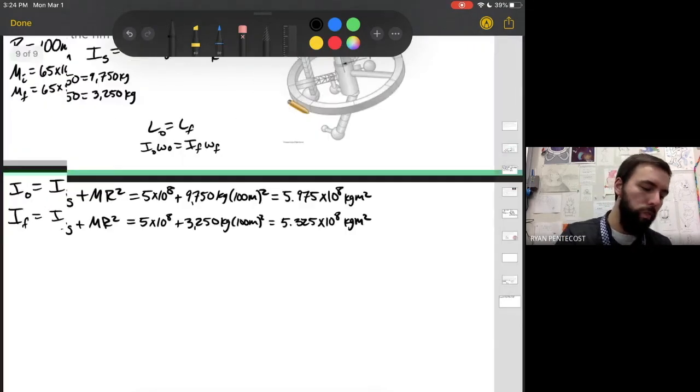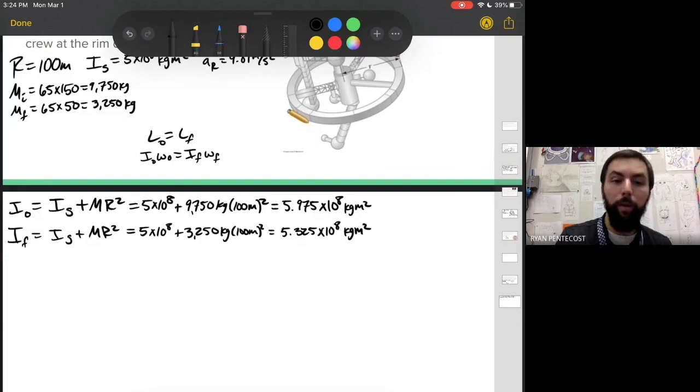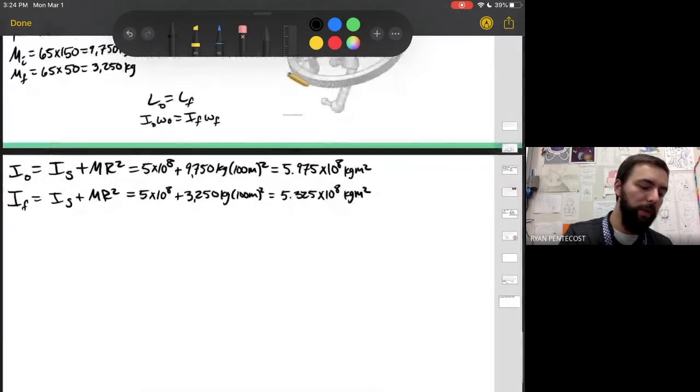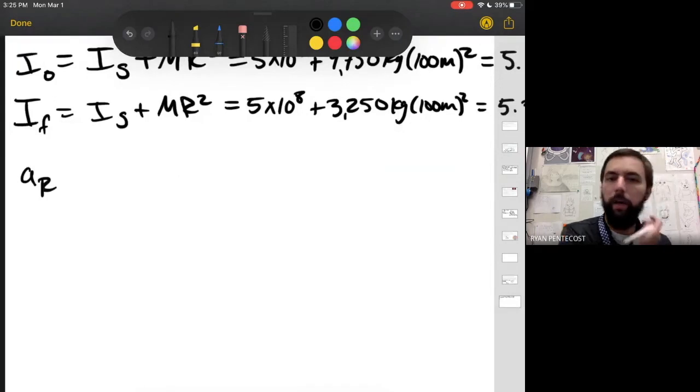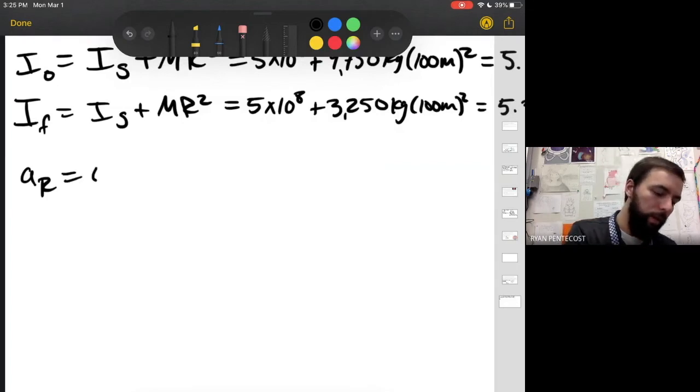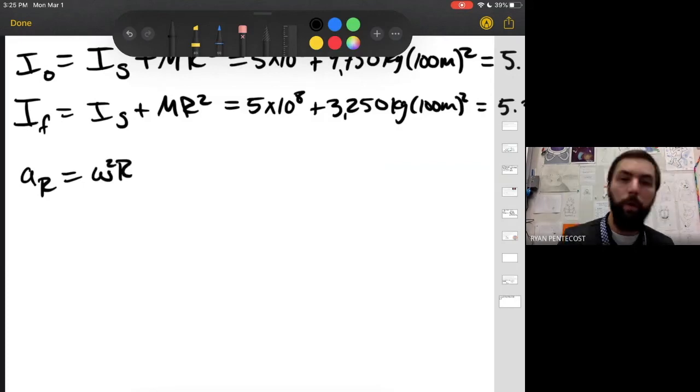Now we need our omega. We don't actually know how fast it's rotating. We know what its acceleration is. We know that it's got a radial or centripetal acceleration of 1g, which would be 9.81 meters per second squared. We also know that that is omega squared r. From our rotational days, we know that the centripetal acceleration is equal to omega squared r, or v squared divided by r.